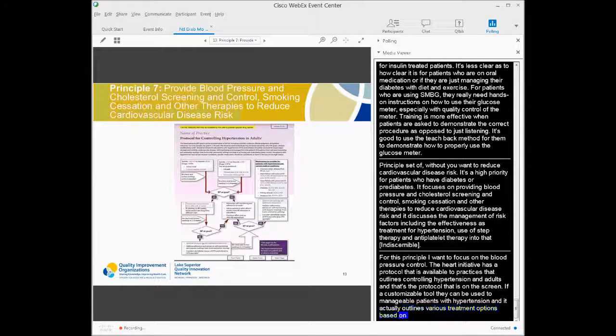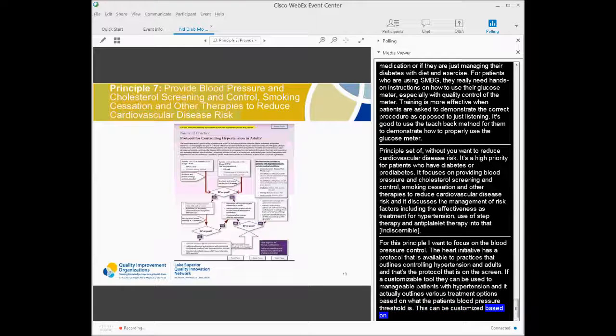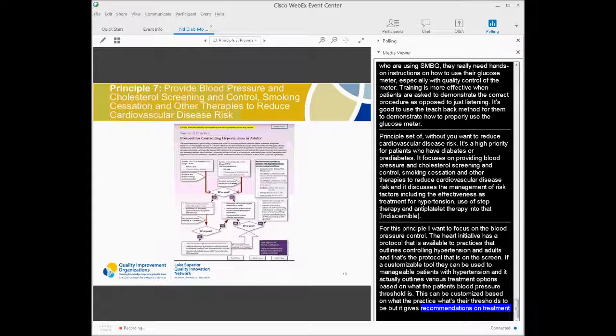So this tool can be customized based on what the practice wants their thresholds to be, but it just gives recommendations on treatment therapies, lifestyle modifications, just so that all providers in the practice are on the same page and providing the same kind of care to their patients.